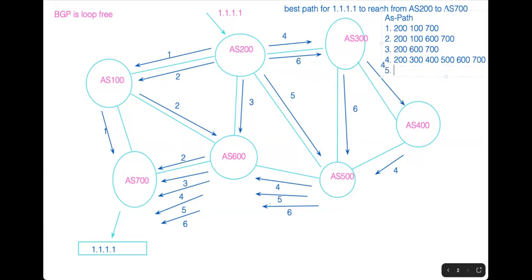The fifth path is originating from 200, then coming to 500, then 600, then 700. Then we have the sixth path, originating from 200, then going to 300, then 500, then 600, then 700. Is it clear? Are we okay with these paths? Any doubt?